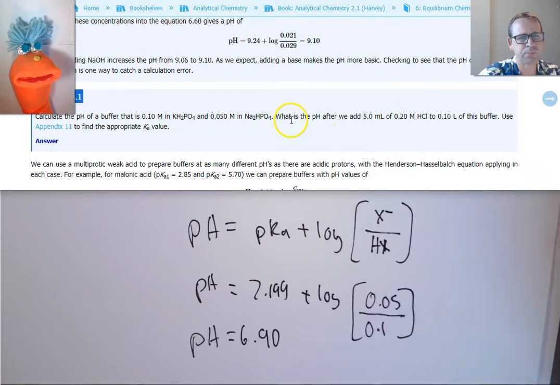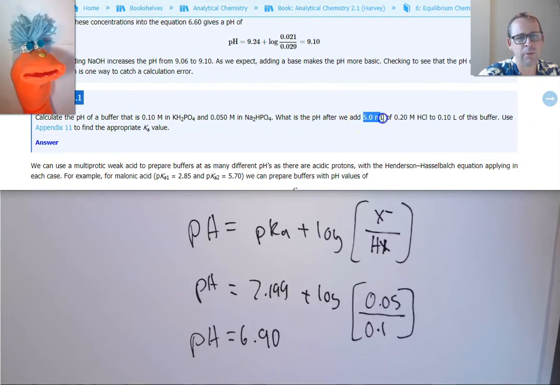Now, what is the pH after we add 5 milliliters of 0.2 molar HCl to 1 liter of this buffer? Okay. How is the pH going to change? Let's see. How do we do that? Well, we look at the volume of the HCl that's added and the concentration of the HCl.